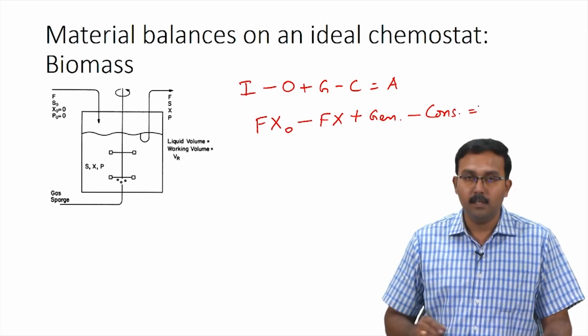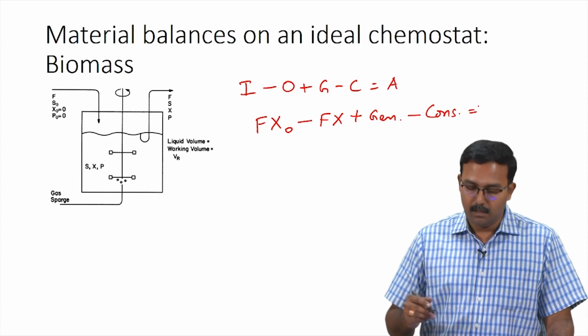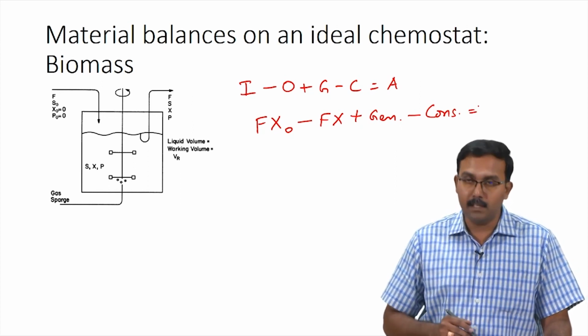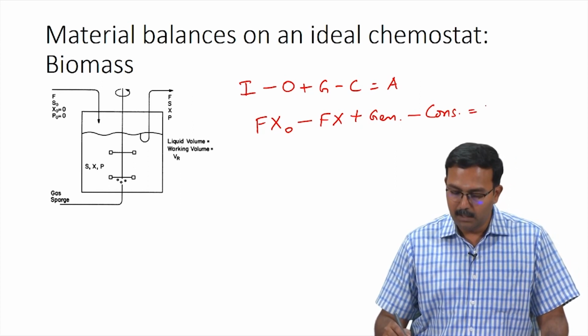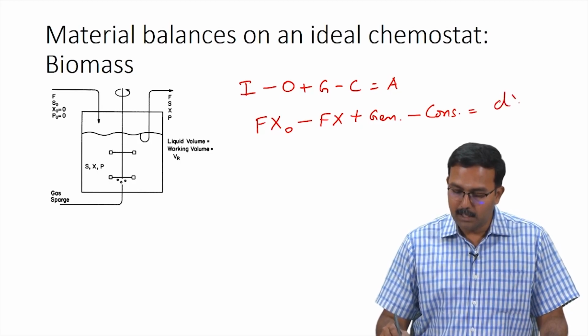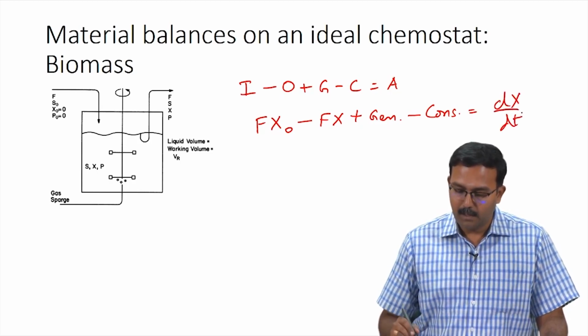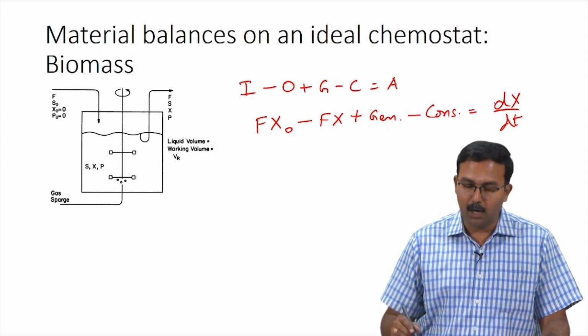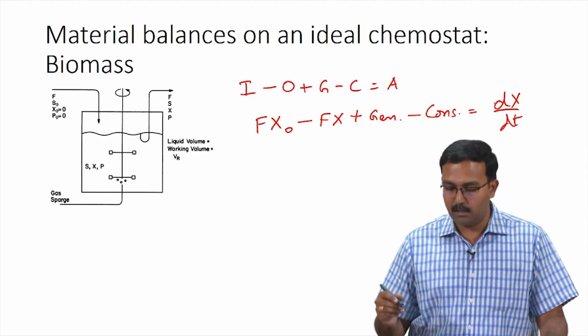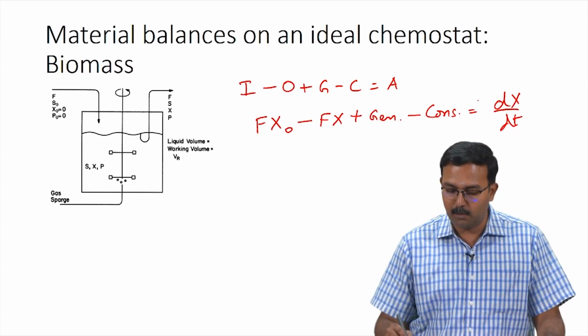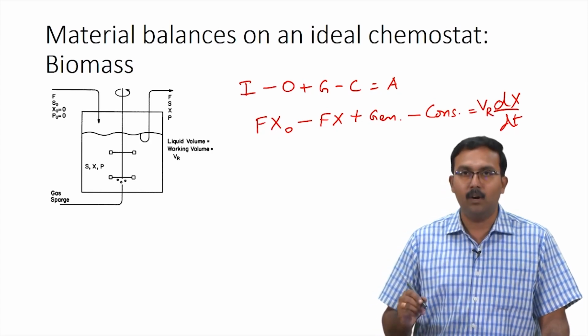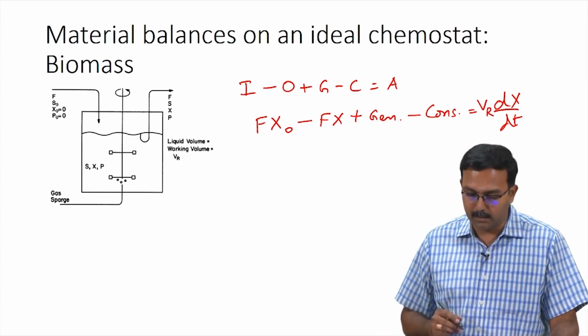Accumulation would be the change in biomass concentration within the system with respect to time, that is dX/dt, and because we want it in terms of change in total biomass with respect to time, we will multiply this with VR, the working volume of the reactor.